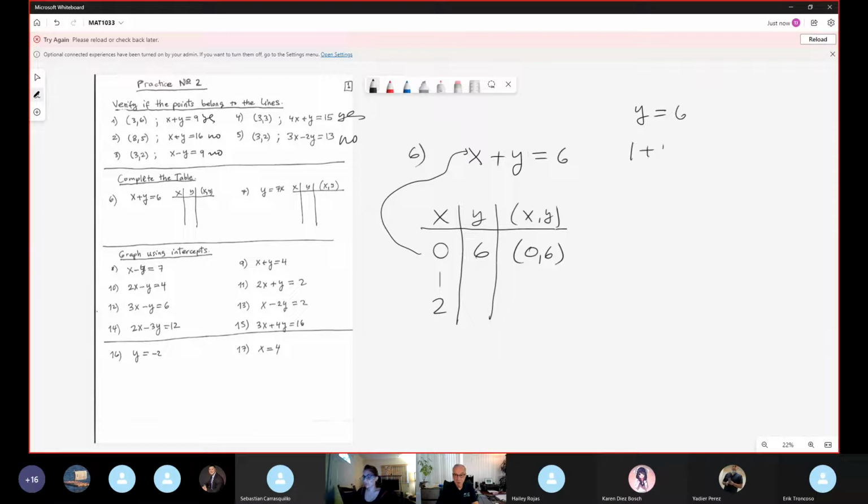So 1 plus y equals 6. So for y, 6 minus 1, 5. (1,5) belongs also to the line. And 2 plus y equals 6. y is equal to 6 minus 2, which is 4. So (2,4).